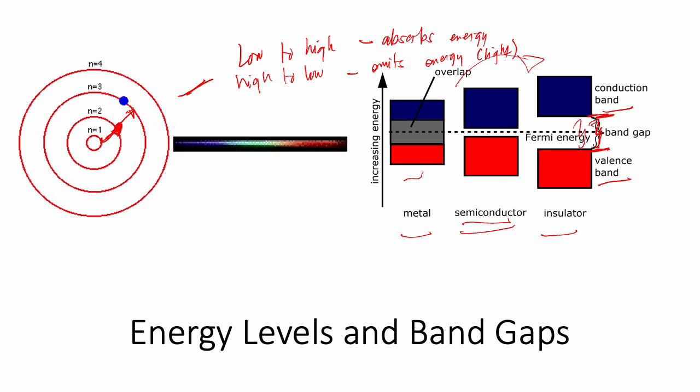So in semiconductors, when electrons receive enough energy, again through heat or applied voltage, they jump across the band gap into the conduction band. So they become the charge carriers, and this jump enables the flow of electric current through the material. And this is crucial for semiconductor devices.